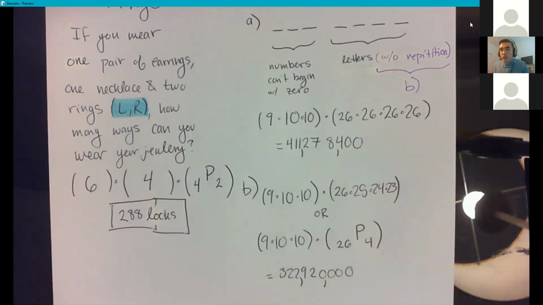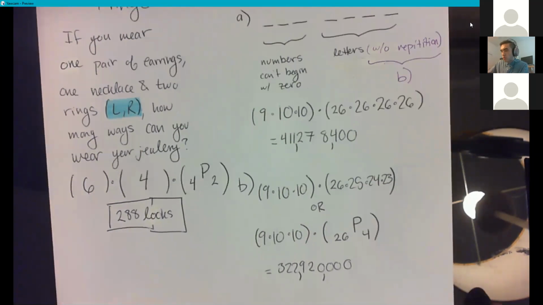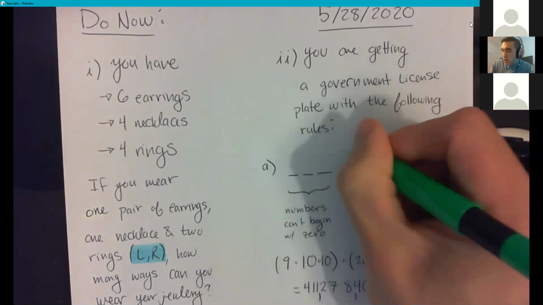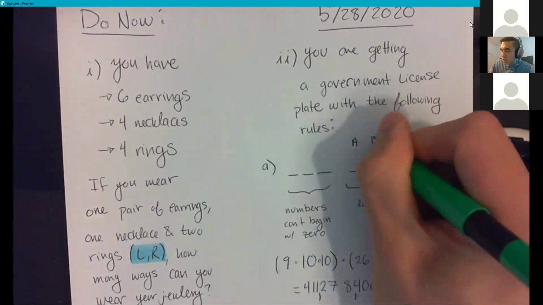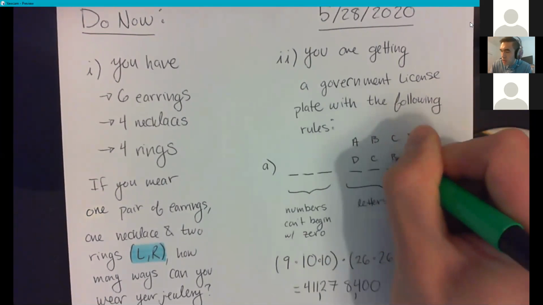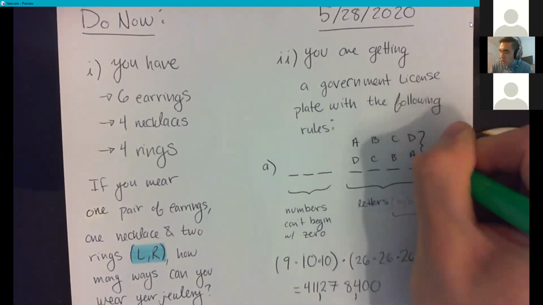Okay. If you were to use combinations, then it would only count up combinations of 4 letters. But in a license plate, it's implied that the order is relevant. For example, the trial A, B, C, D versus the trial D, C, B, A, both of these are the same combination.